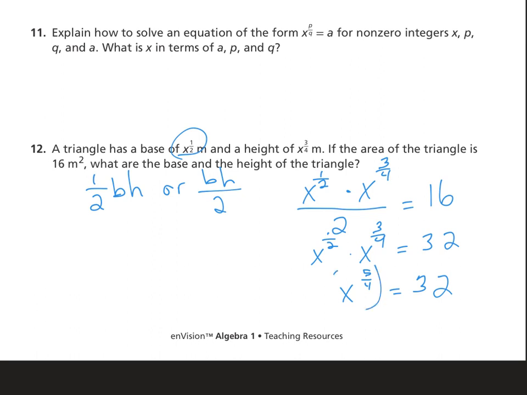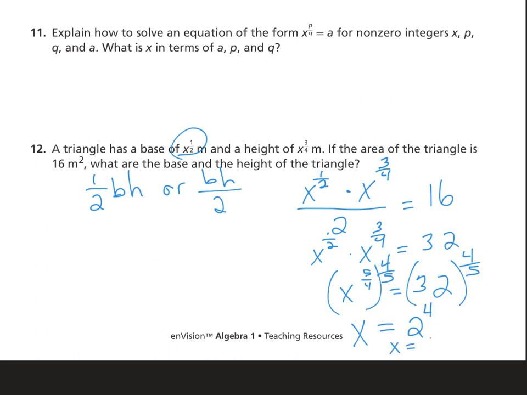So when I raise both sides to the 4/5 power, over here I'm left with x. Here, I need to take the 5th root of 32, which is 2, and raise it to the 4th power. 2 to the 4th power is 16.